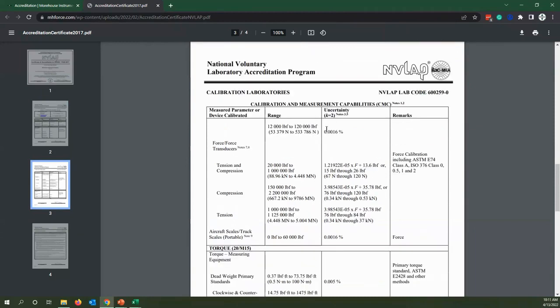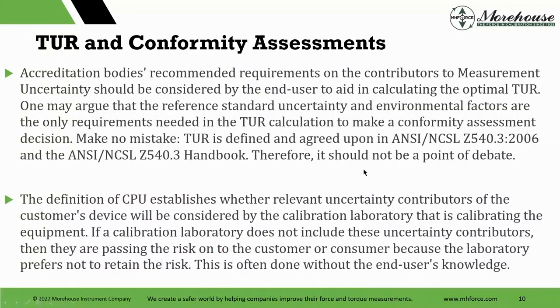So these numbers are really, really low. When you think about 16 parts per million, 0.0016, and I'll show people later, that's going to allow us to make more conformity assessments, to say more devices are in tolerance when we consider actually the impact of measurement uncertainty. But what ends up happening is the buyer just doesn't shop for that.